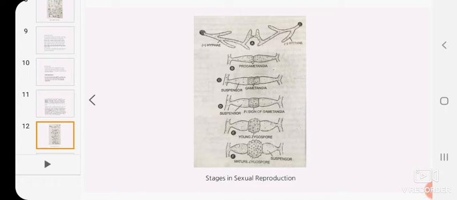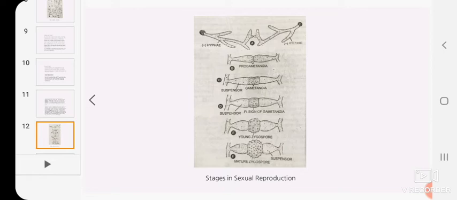Now the gametangia will fuse, the contact wall will dissolve, and the two gametangia will fuse and lead to formation of coenozygote. Now why is it called coenozygote? Because it contains a number of nuclei. After this, the nuclei don't fuse but they come together and are arranged in pairs, and the unpaired nuclei will degenerate.